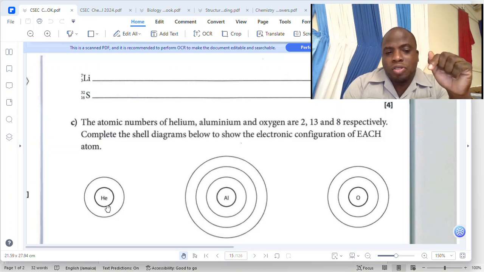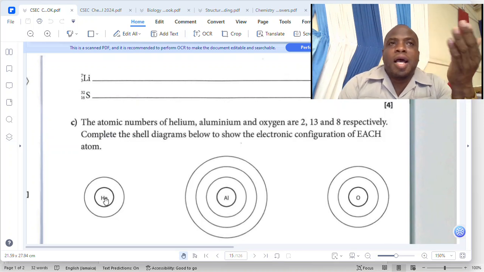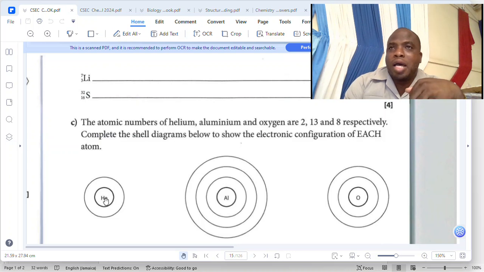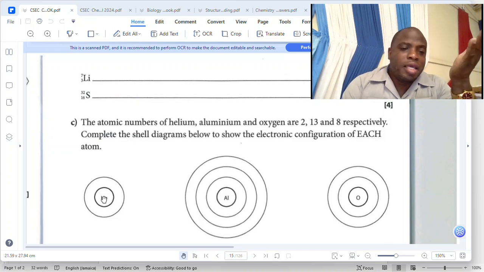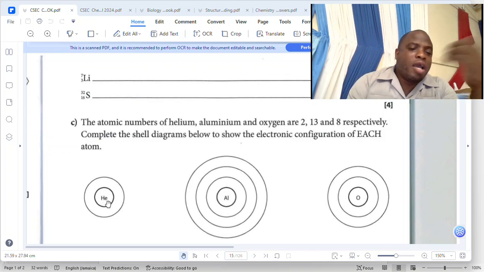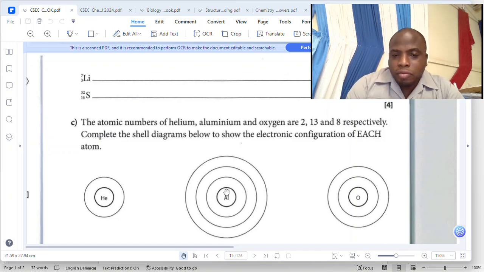So please draw your circle, then put in your element. If you get a question saying element X or element Y, that is what you will put. You don't have to try and identify. So you'd have an X right here, a Y, or a Q. Then you are to put in the electrons.